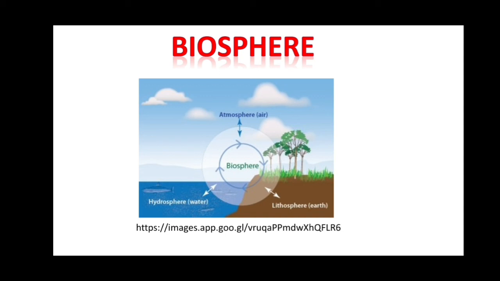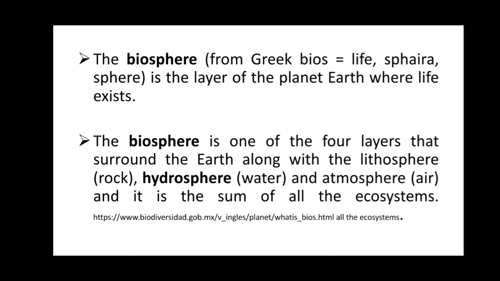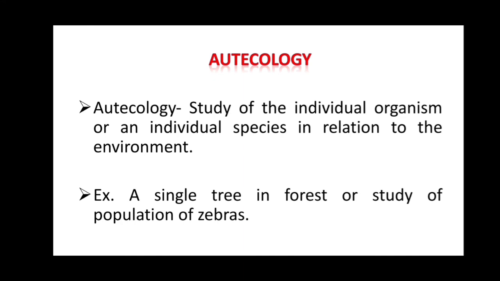You can see in this diagram that the biosphere forms because of the atmosphere, lithosphere and hydrosphere. Greek bios means life, sphere means sphere; it is the layer of planet Earth where life exists. The biosphere is one of the four layers surrounding the Earth along with the lithosphere. Lithosphere means the rock, hydrosphere means the water, and atmosphere means the air. The biosphere is the sum of all ecosystems.